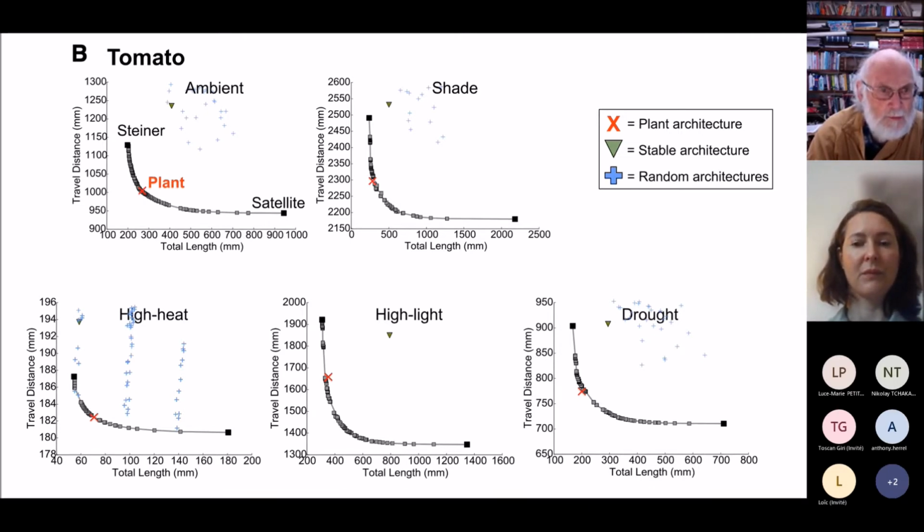In other words, it's solved all the problems. There are some other crosses there showing what random architecture does for you, which isn't very much. And also so-called stable architecture, which is that one where there was a whole star of different connections to the top of the stem. So obviously the plants are doing very well indeed. Next slide.